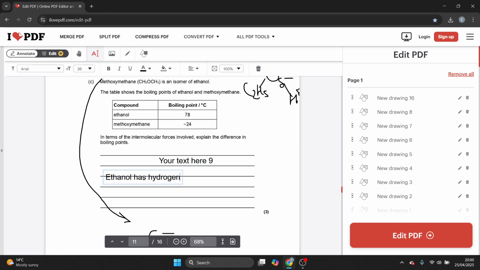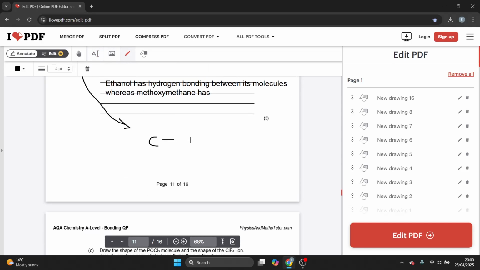Ethanol has hydrogen bonding between its molecules, whereas methoxymethane has what? Well, methoxymethane has oxygen and the CH3.